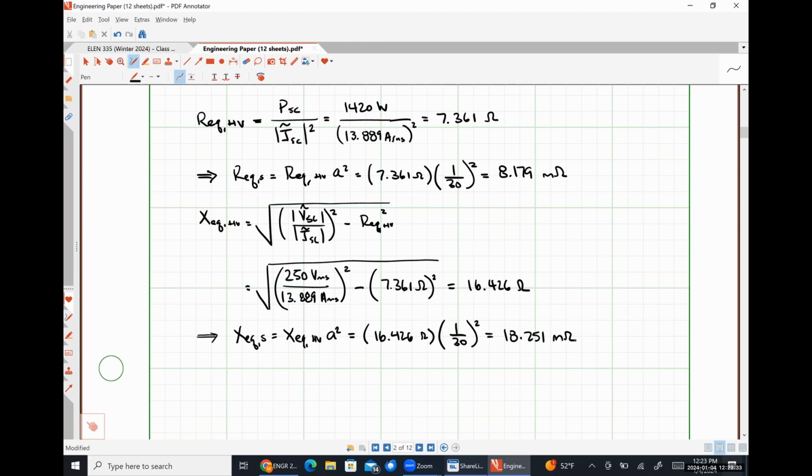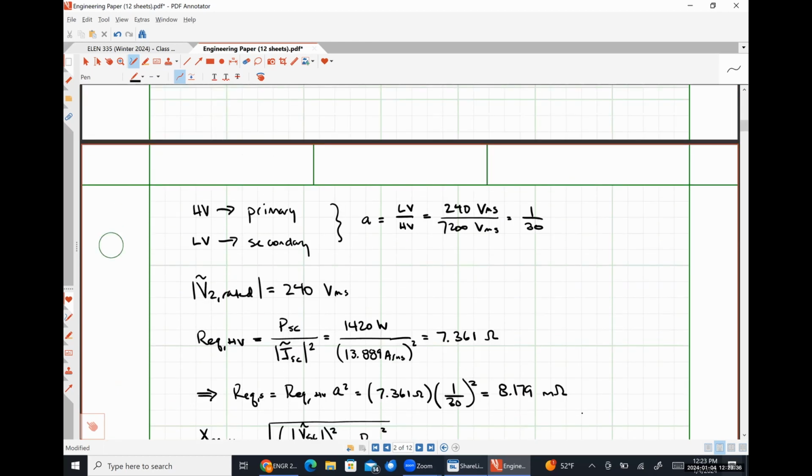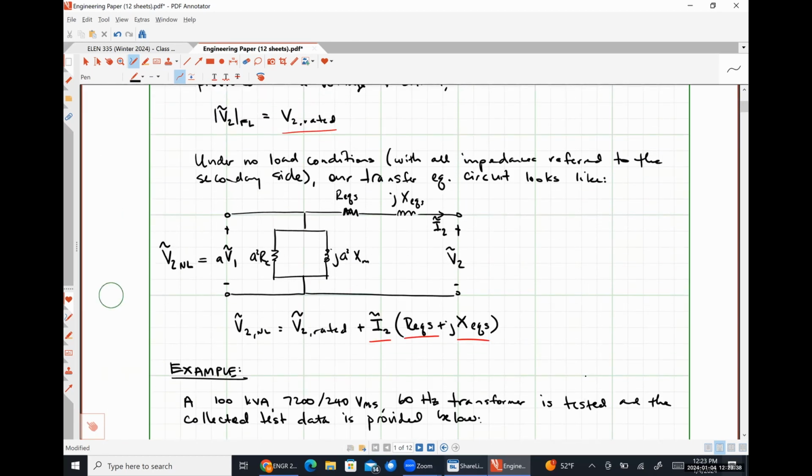So let me go back here really quickly to our equivalent circuit, because we've got to figure out how to solve for this quantity I2 under full load conditions. So I'm looking at our equivalent circuit here, and all I'm adding is some impedance, okay?